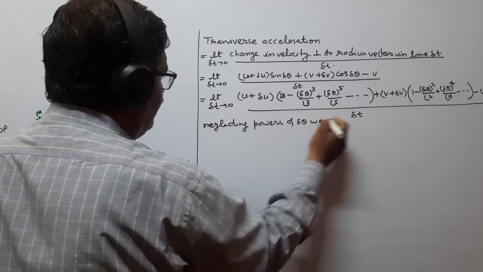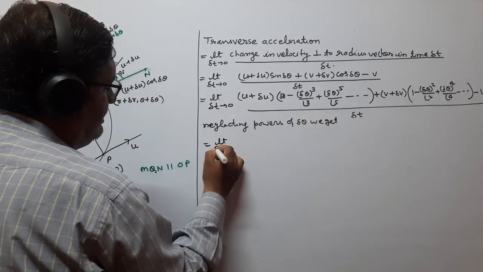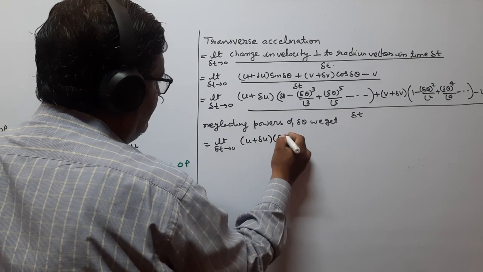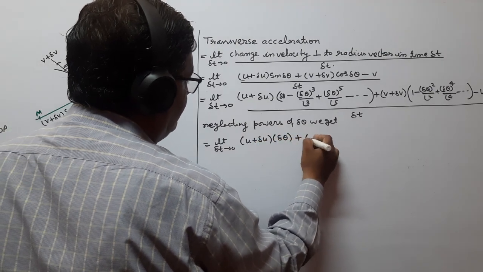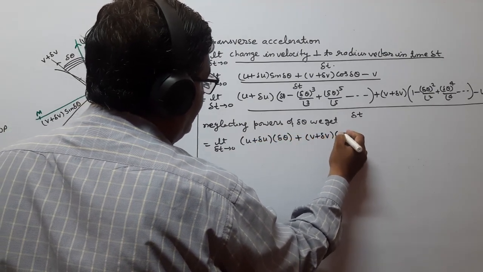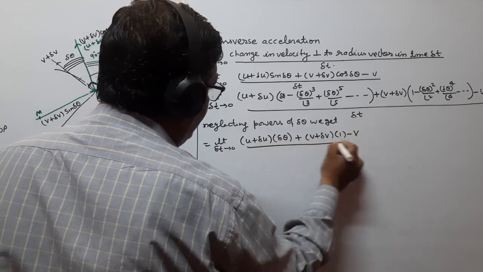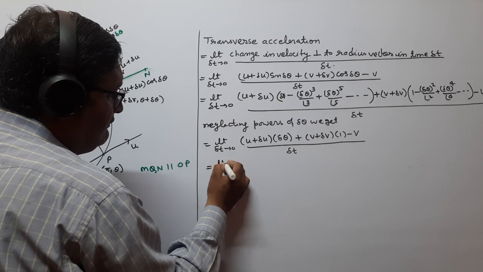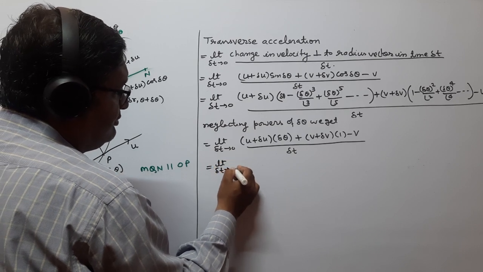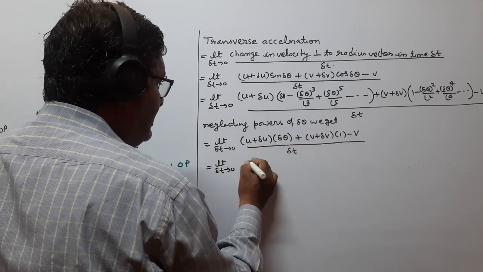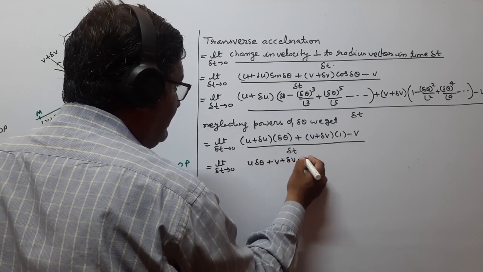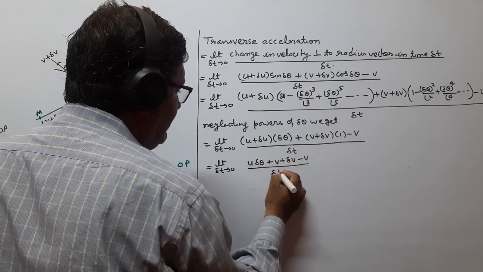we get here limit del t tends to 0, (u plus del u) del theta plus (v plus del v) times 1 minus v divided by del t. Now again we neglect this product of del u and del theta, so we get u del theta plus v plus del v minus v divided by del t.